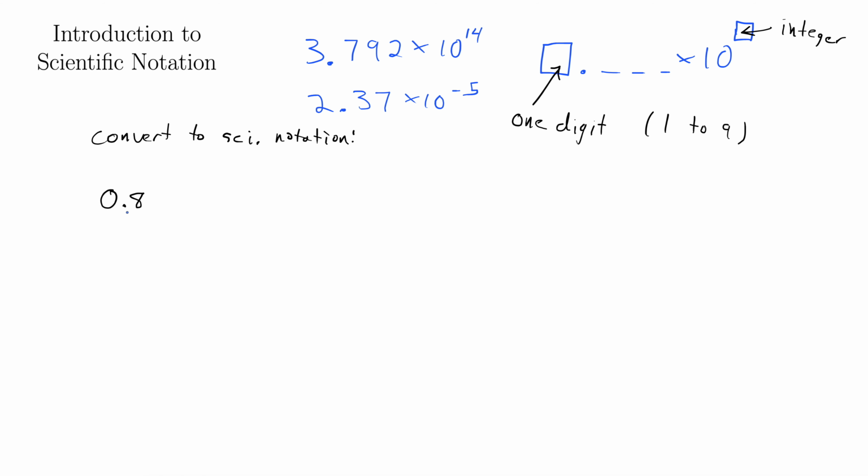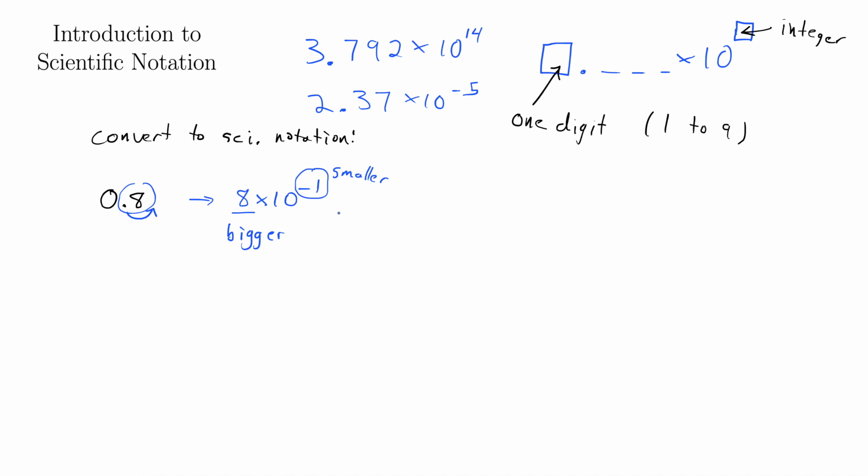So I'm going to move this decimal one place over to the right, and this then becomes 8 times 10 to the negative 1. My 0.8 became 8, so that got bigger. There's a lot of balancing that goes on here. So this here has to get smaller. It's the same number. What we added here to make it 8, we have to take off over here with the negative 1.